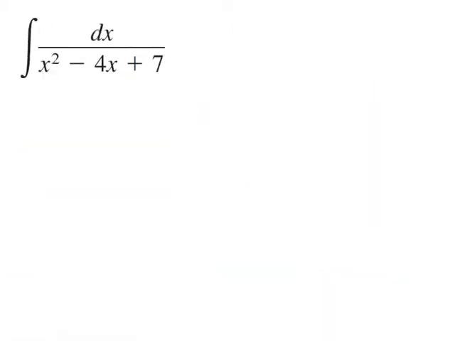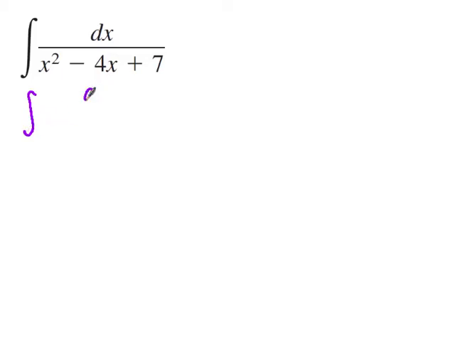All right, let's try this one. Now in this one, this doesn't fit any of them as it is. This is going to be one in which we're going to complete the square to solve this.